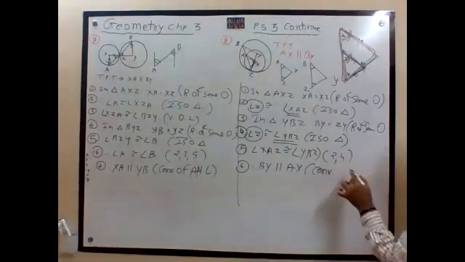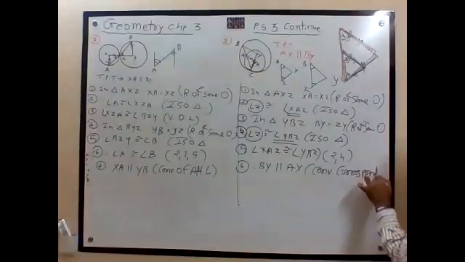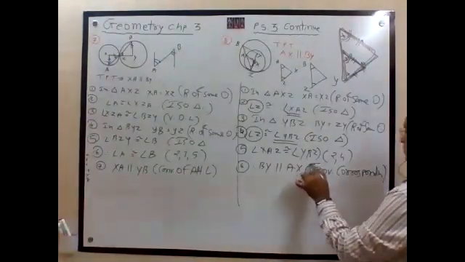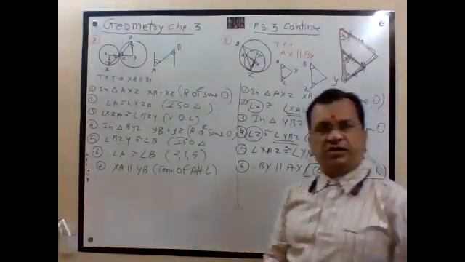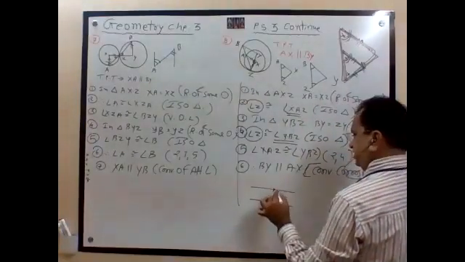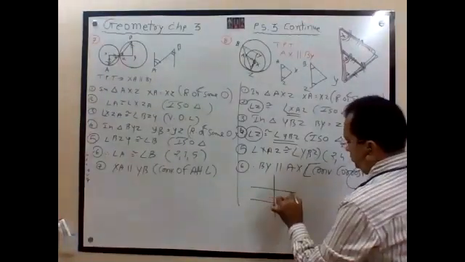Converse of this is alternate, this is corresponding. Converse of corresponding. If two lines are parallel and one is intersecting, so this is a Z.